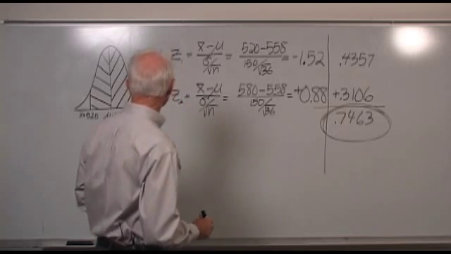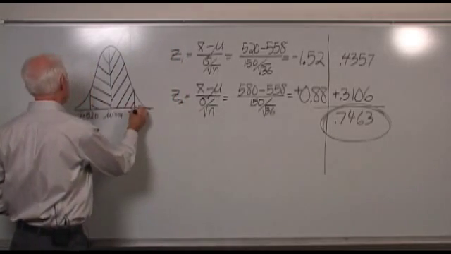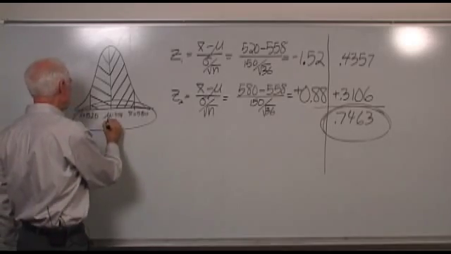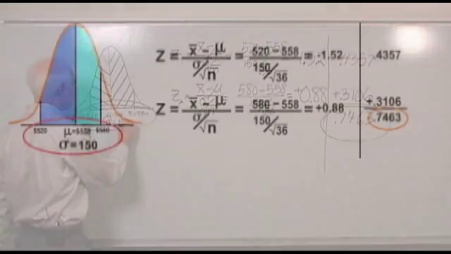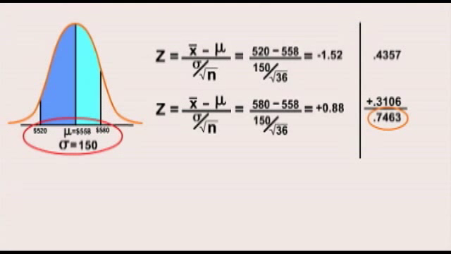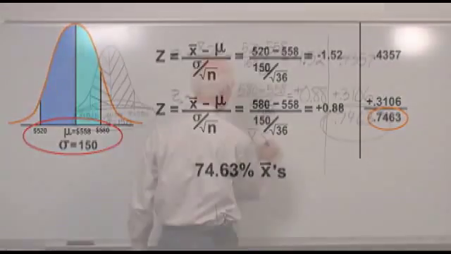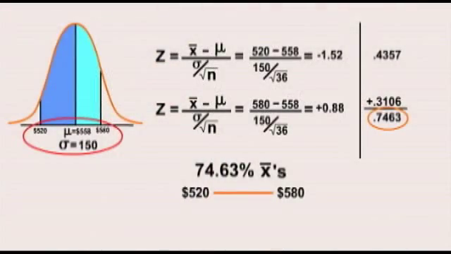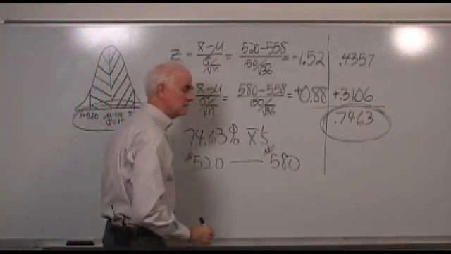In other words, given the population mean and the standard deviation of the population, we realize that 74.63% of the sample means will lie between $520 and $580.